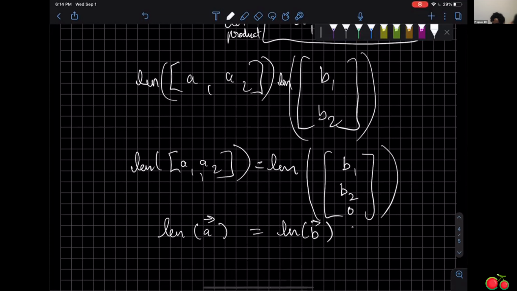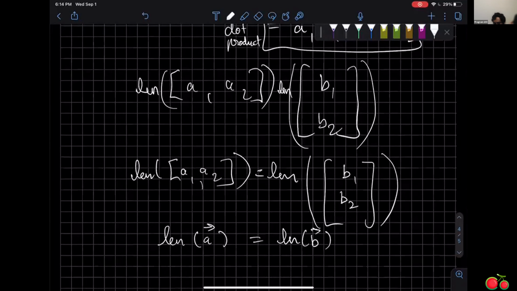You could add some zeros here and take the dot product, but that doesn't truly represent the correct situation because you don't know what these values are. But you need these lengths to be equal in order to take the dot product.